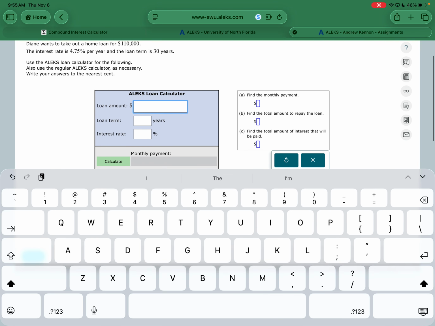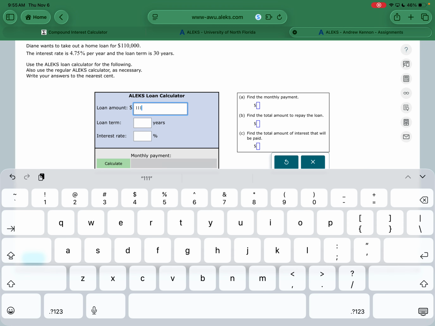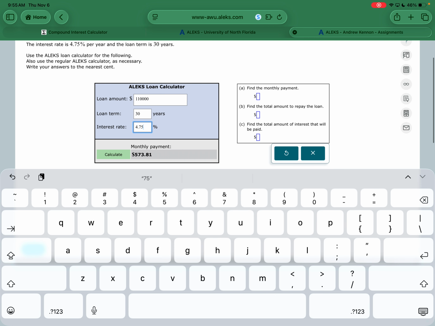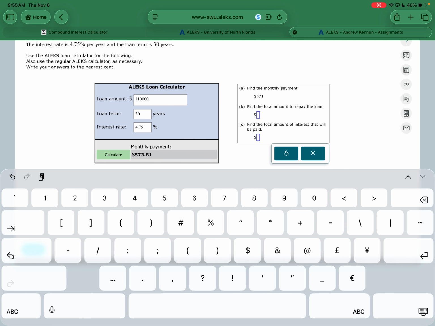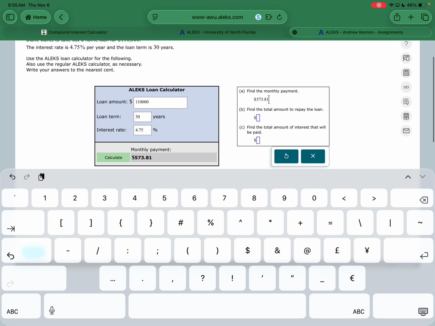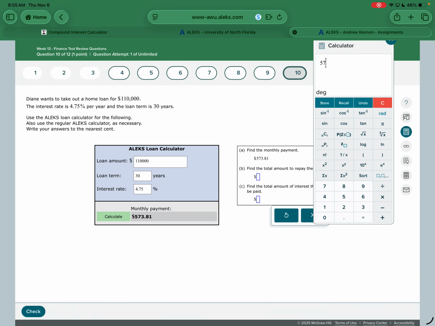I want to take out $110,000. Make sure I put the right amount of zeros in there. Interest rate of 4.75 for 30 years. Okay. So the monthly payment is $573.81. The total amount to pay the loan would be $573.81 times 12, for 30 years.